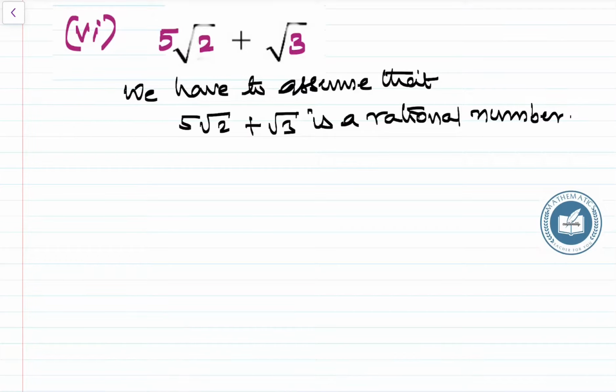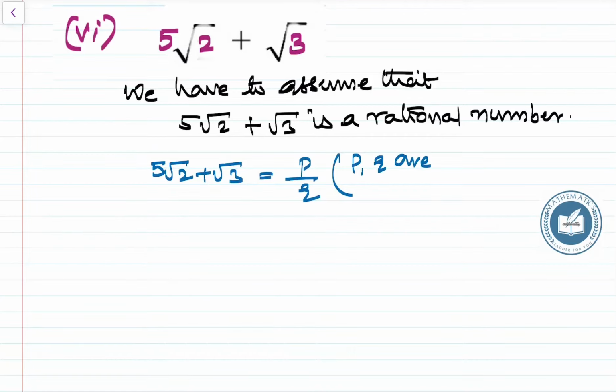When it is a rational number, we can write 5 root 2 plus root 3 equal to p upon q. Here the same process: p, q are integers and q not equal to 0 and p, q are co-primes.